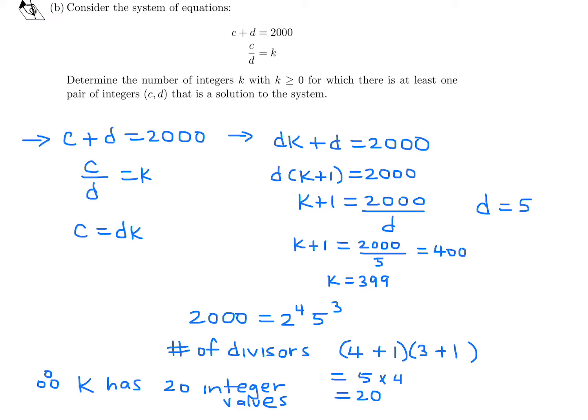So, as always, try to be as complete as possible. Everything that I just said: there are 20 divisors of 2000, so for each divisor you will get one solution for k plus 1, and therefore 20 solutions for k, which is pretty much what I wrote. But you can be a little bit more elaborate in your solution.